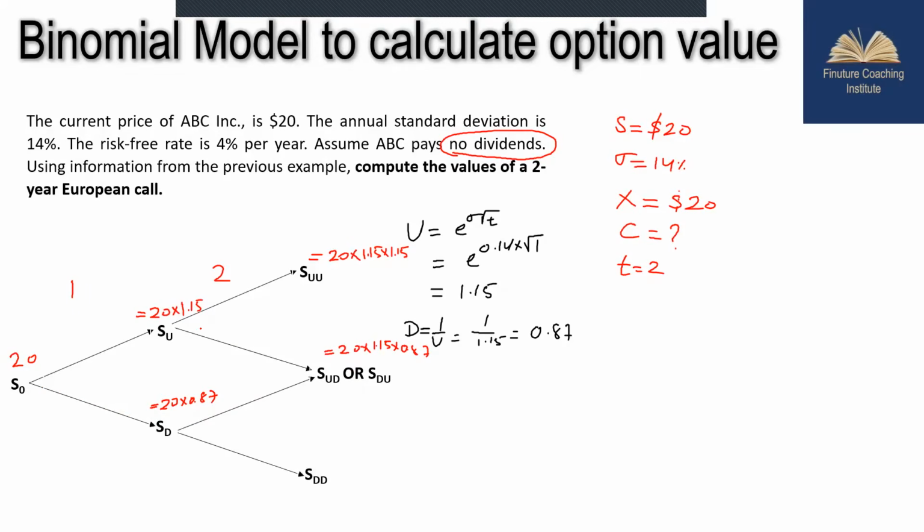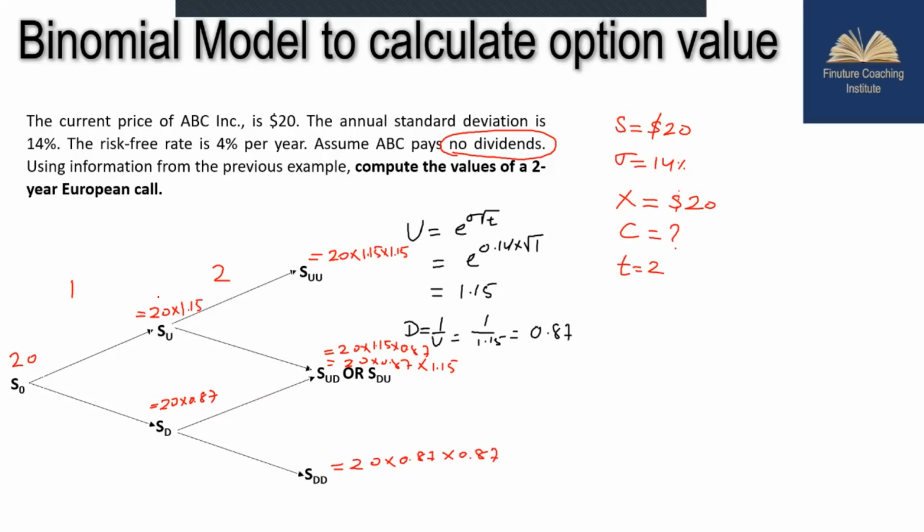So either way, whether you come from here to here, or from here to here, it's just the order that will change, because over here you are coming first down. So the factor of down is 0.87, and then you're coming up from here. And over here it would be 20 into 0.87 into 0.87. So let's calculate these numbers.